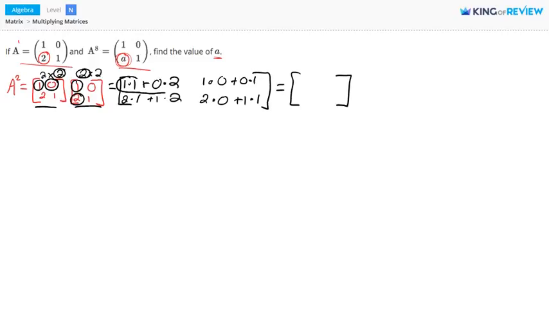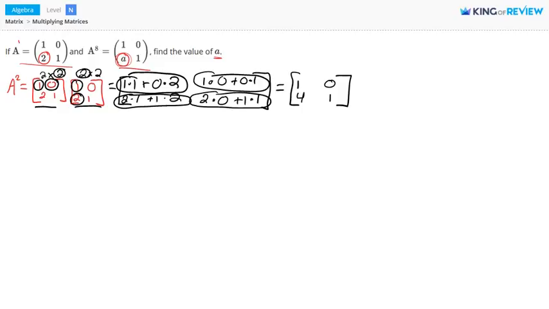So 1 times 1 plus 0 times 2 gives a 1. Then we have 2 times 1 plus 1 times 2, which equals 4. 1 times 0 plus 0 times 1 gives us a 0. And 2 times 0 plus 1 times 1 gives us a 1.